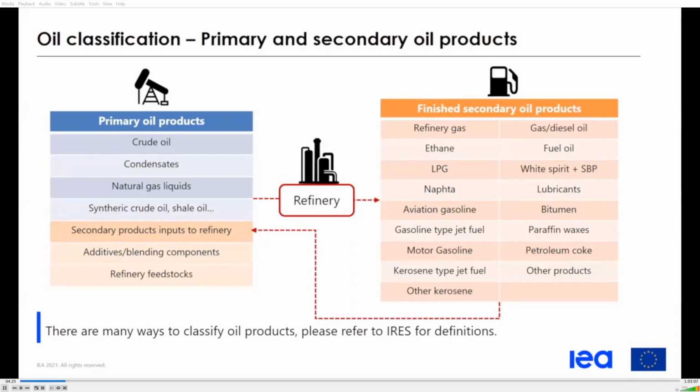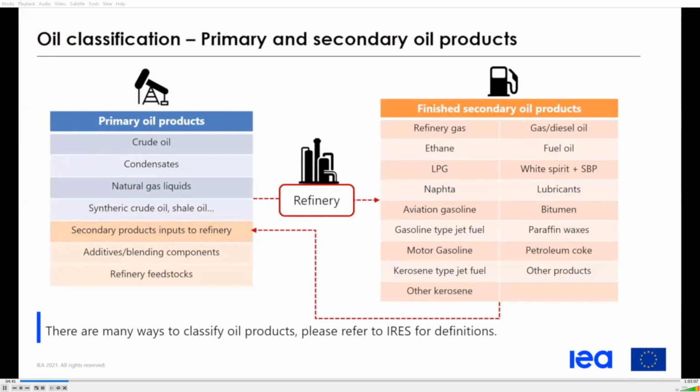Just remember that those products can be classified in many ways. Also for the finished secondary oil products, due to the fact that they are sold products, the name most of the time comes with a specific set of physical properties.